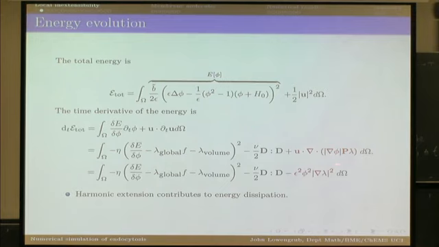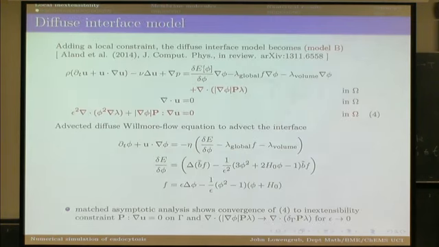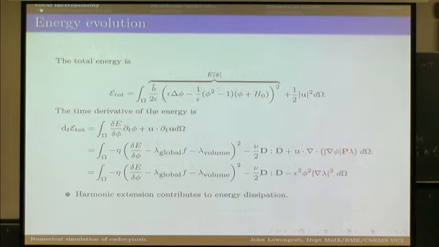And so if you integrate by parts on this term, you get a grad u tensor product p, dropping the boundary integral. And then if you use this equation and you integrate by parts again, you get this term. So in fact, that harmonic extension is stabilizing. So it also contributes to energy dissipation.